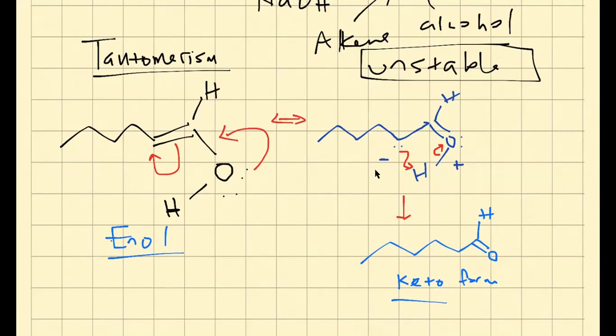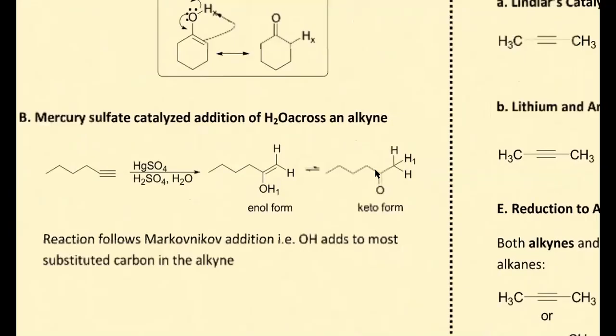Let's go back up to the other problem here. Can you see right here the mercury catalyzed addition of H2O? It's not oxymercuration, but it's still similar reagents, right? You've got a triple bond and you treat it with mercury sulfate, sulfuric acid, and water.